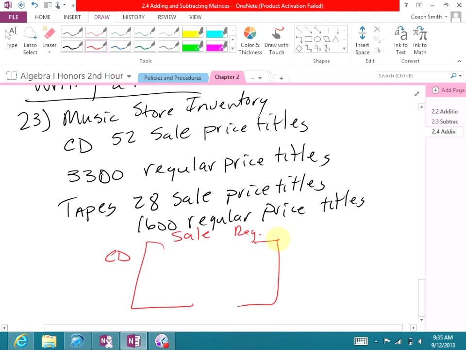So for my CDs, that would mean 52 and 3,300. Oh, 52, excuse me. I read the wrong number. 52 on sale and 3,300 regulars. Tapes, we do the same thing.